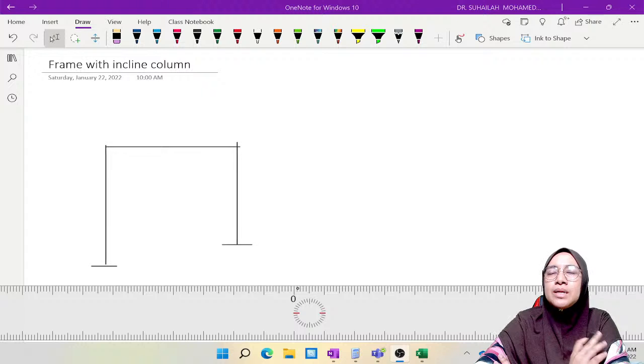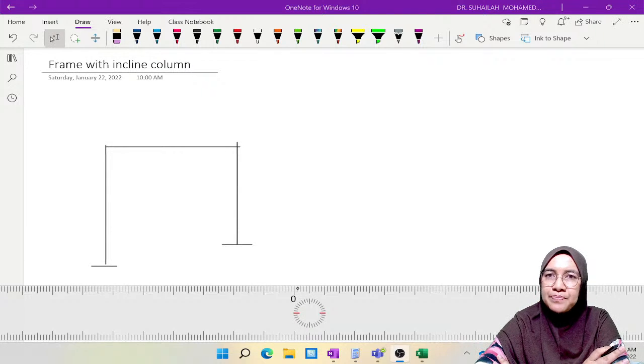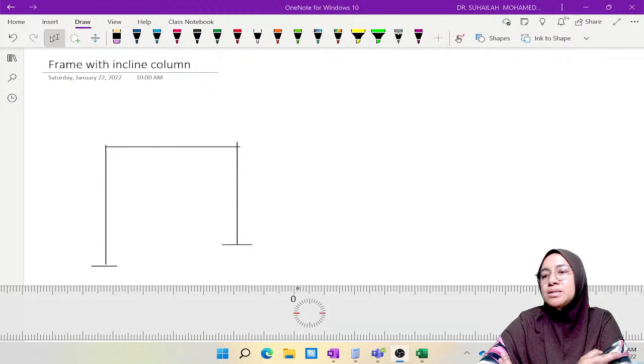If the member is vertical like a column, the delta will be perpendicular. That is why we have the horizontal displacement. The side sway is the horizontal displacement whenever the column is a vertical column.